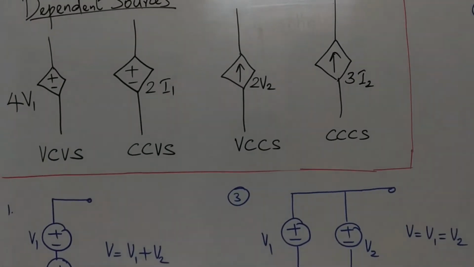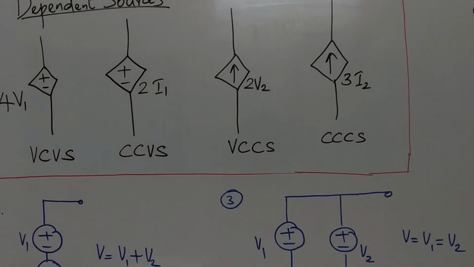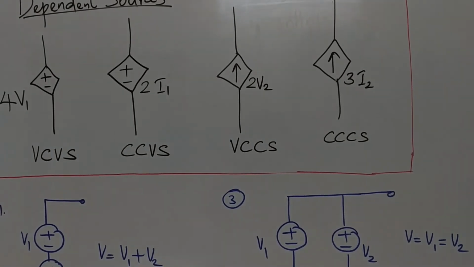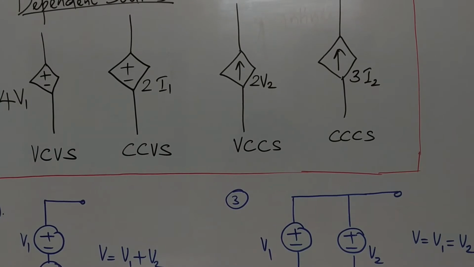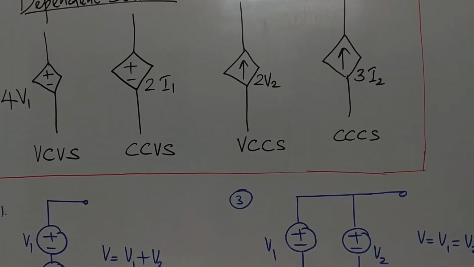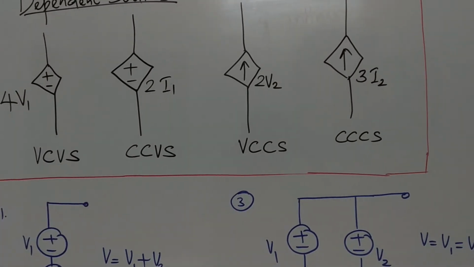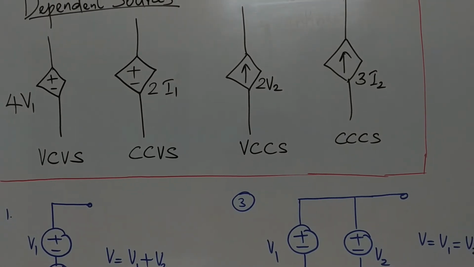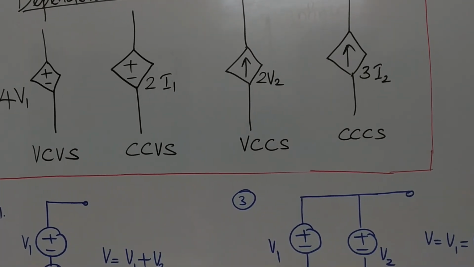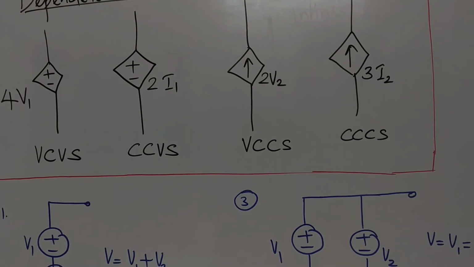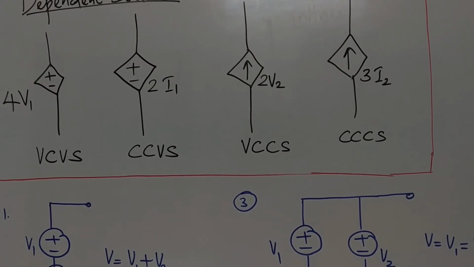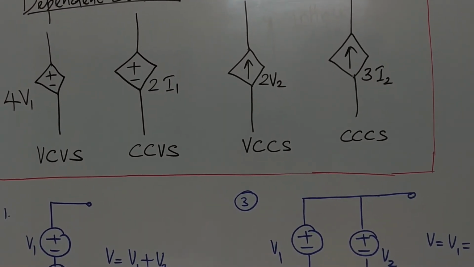Now in the first one, we see that it's a voltage source, and what is the value of the voltage? It is shown as 4V1. That means the voltage which it provides is 4 times V1, where V1 is some voltage across a particular element in that circuit.